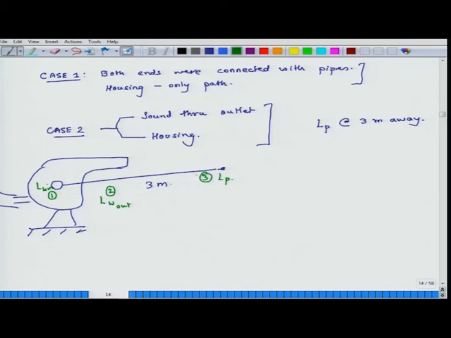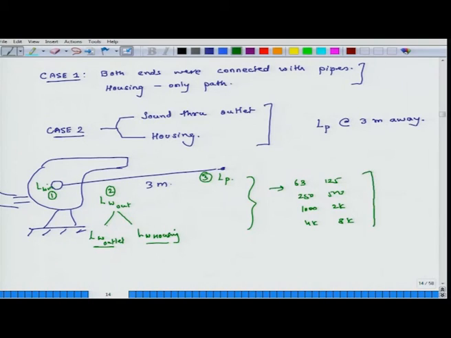But for calculating LW out, now I have to find LW outlet and LW housing. And I have to do all these calculations for 63, 125, 250, 500, 1000, 2K, 4K, 8K, all these frequencies.